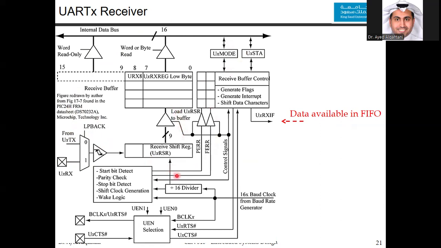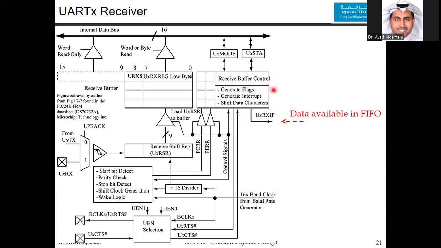You have also some status error checking. We have the P error or the parity error, the frame error. You have overflow and many others, all of them for checking. So you need the receiver controller. This is hardware.